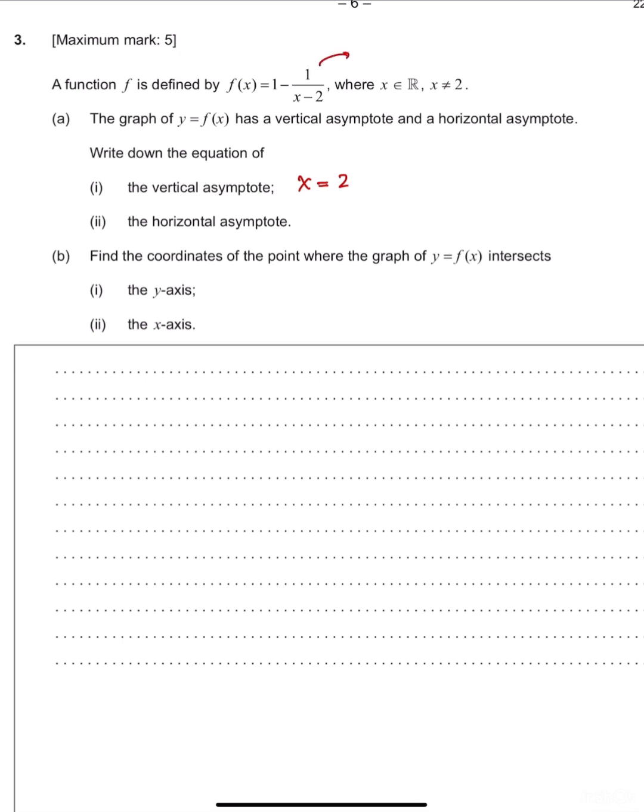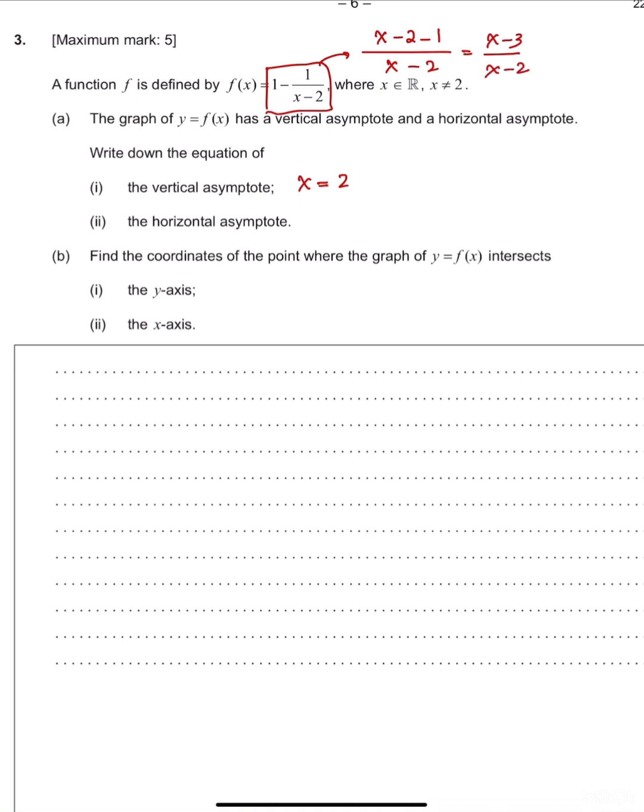Okay, so for the horizontal asymptote in this case, 1 minus 1 over x minus 2, you have two choices. First, you can combine the whole number and the fraction: x minus 2 and minus 1 over x minus 2, and that will be x minus 3 over x minus 2.